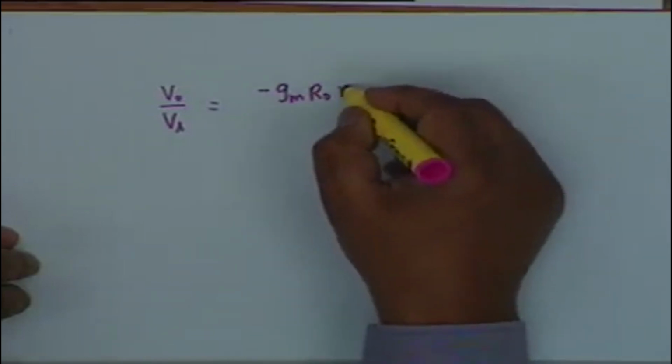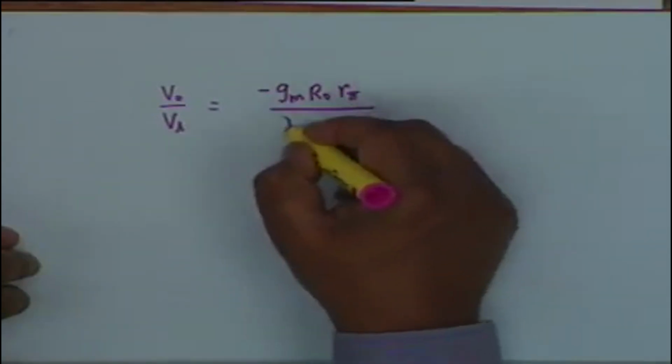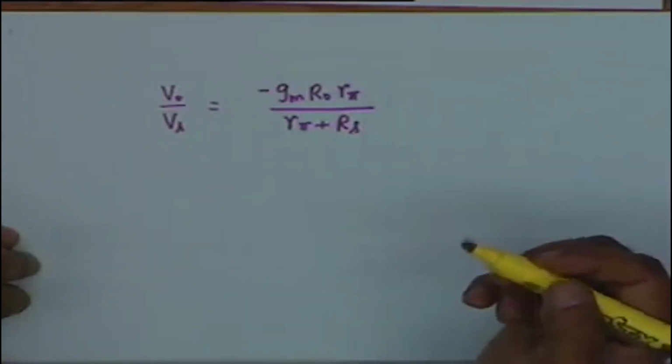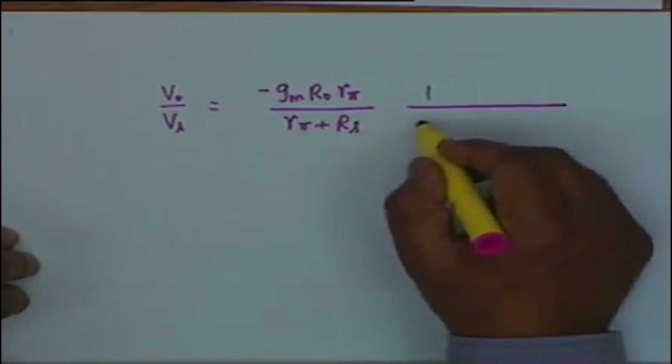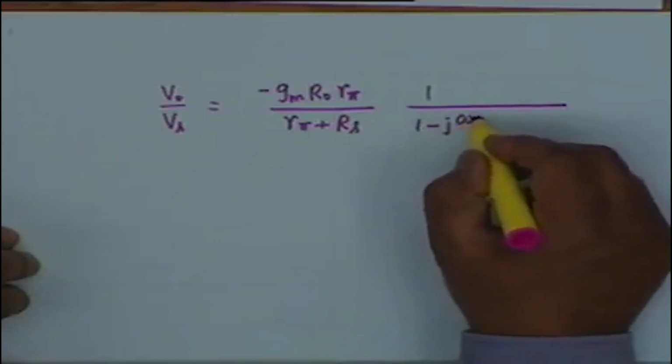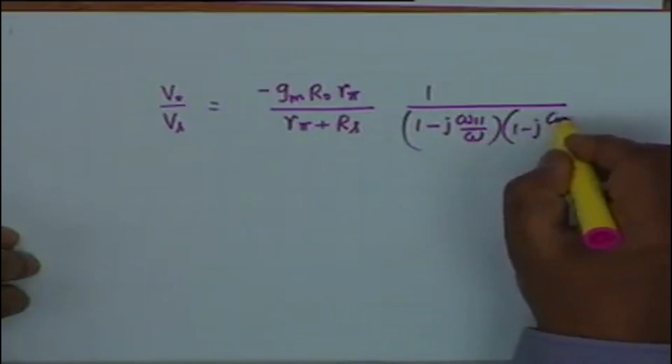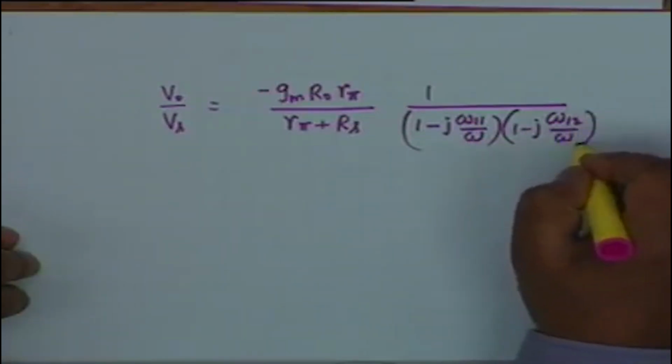I take the constant term of the other expression, R pi divided by R pi plus Rs. Then I have two terms, 1 minus j omega 11 by omega, 1 minus j omega 12 by omega.